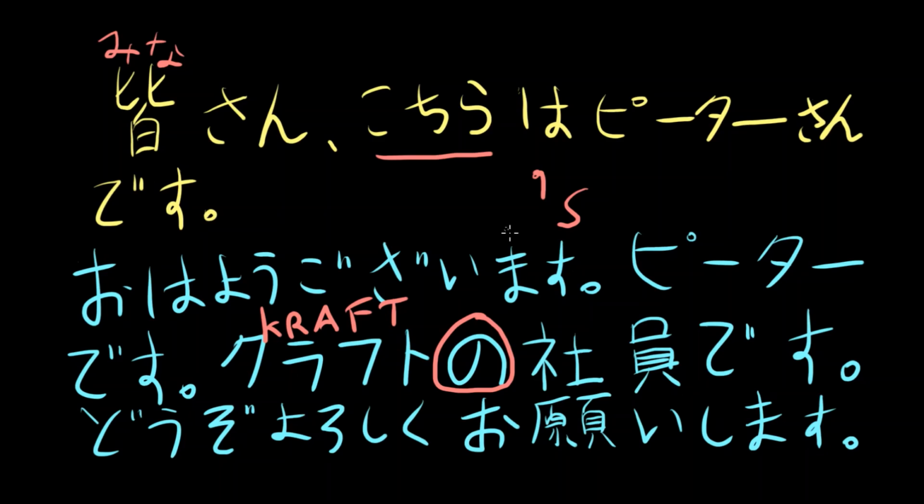So, おはようございます。Peter です。クラフトの社員です。どうぞよろしくお願いします. Before we used どうぞよろしく, to be more formal, you'd say お願いします. It kind of means please, a very formal sort of way to say please. So that is 願い. Negai. So お願いします. Okay.